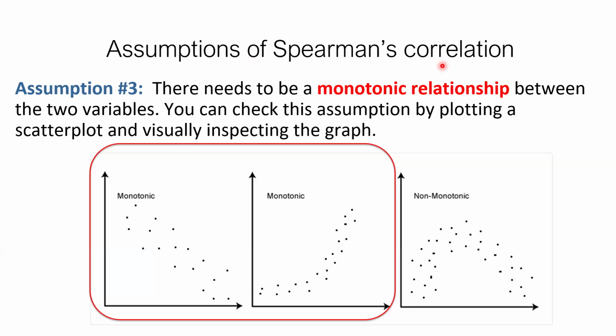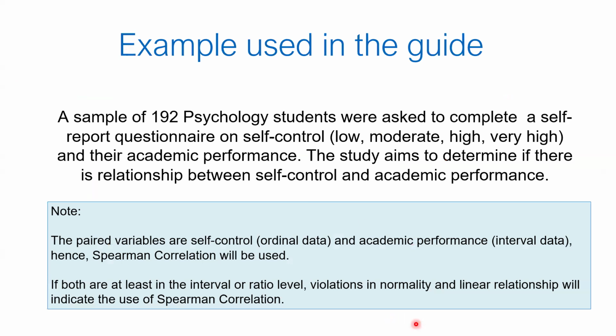Right. Now, to give us an idea of what our data is about, so that we can demonstrate how to run Spearman's correlation using JASP, let's consider the following. A sample of 192 psychology students were asked to complete a self-report questionnaire on self-control involving low, moderate, high, and very high categories and their academic performance.